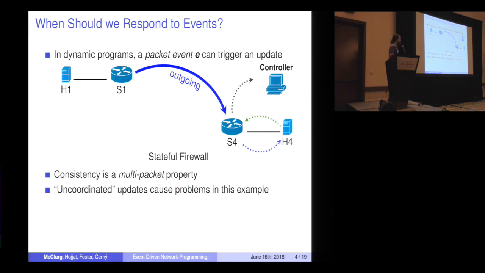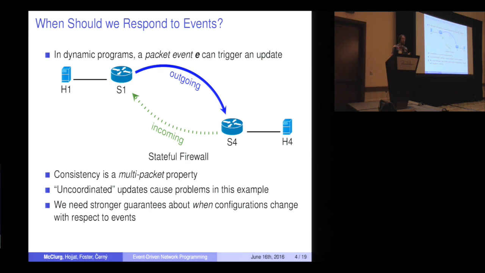Then H4 immediately responds to the packet. Now there's a problem, because only then does the controller come back and install a rule that changes the configuration. In the interim, there are no rules on switch S4 for the incoming packet, and it just gets dropped.